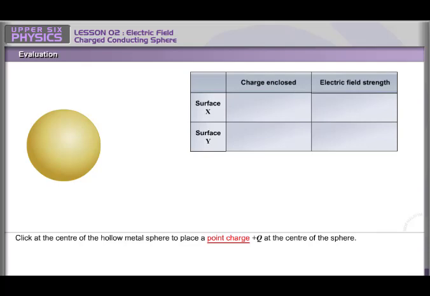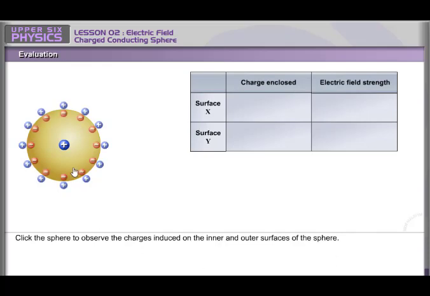Click at the center of the hollow metal sphere to place a point charge positive Q at the center of the sphere. Click the sphere to observe the charges induced on the inner and outer surfaces of the sphere.